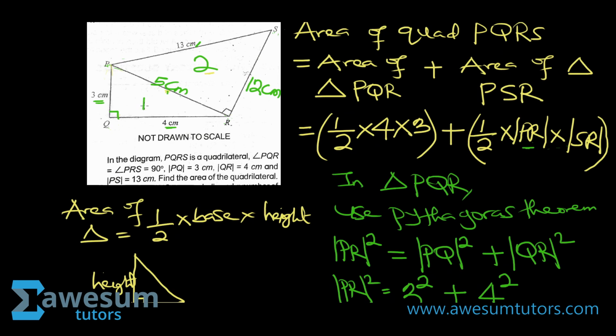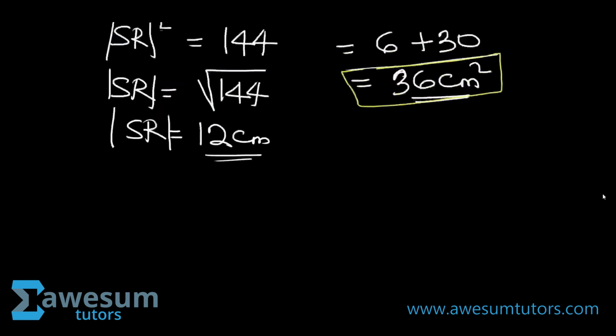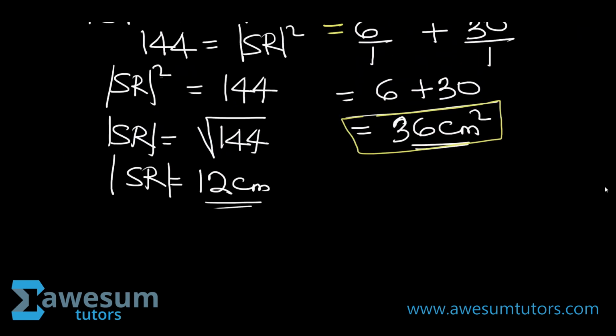Triangle PQR is the first one, triangle PSR is the second one. So we found the area of triangle PQR and also the area of triangle PSR, and then we summed them up together. Very good, guys. I hope you understand this. I will encourage you to look at the solutions very well to ensure that you understand it.